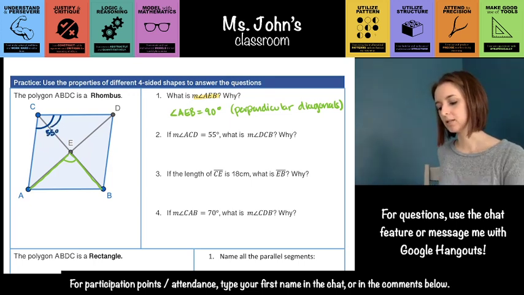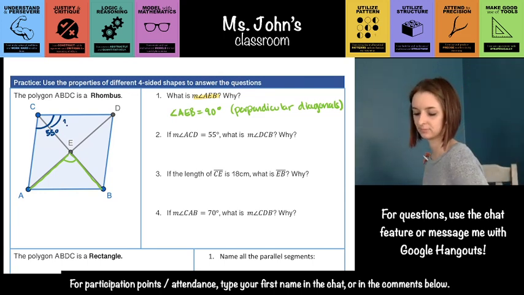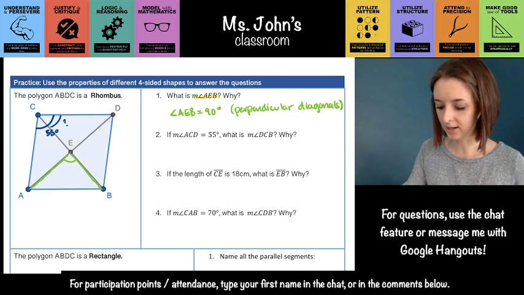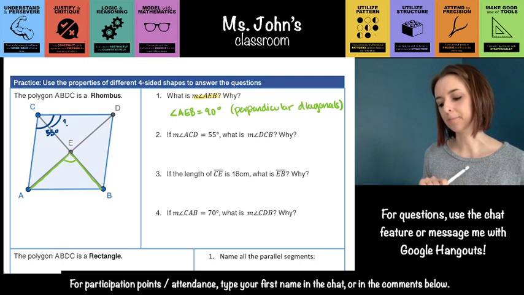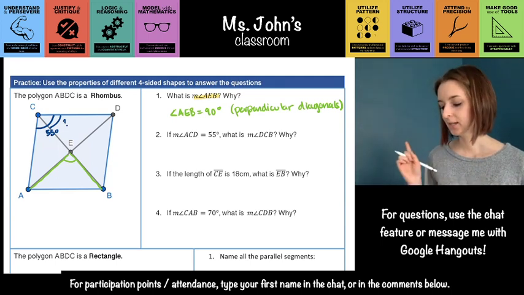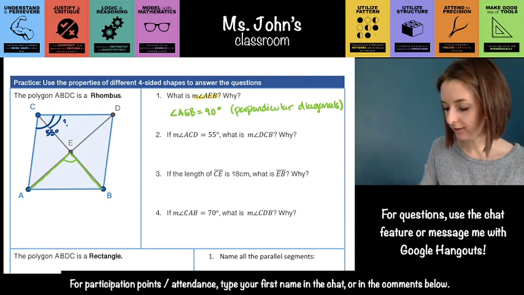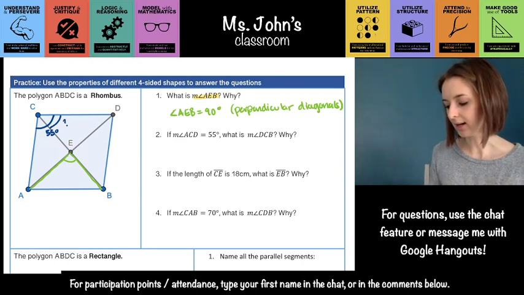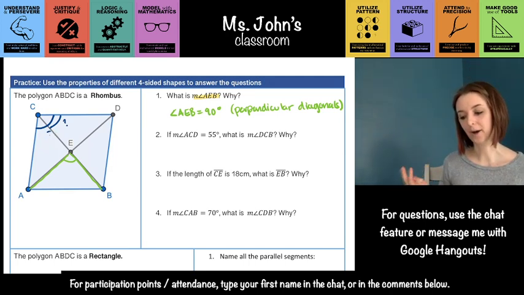Something that we didn't talk about is that the diagonals in a rhombus bisect the angles at the corners. You can figure that information out by looking at the possibilities.